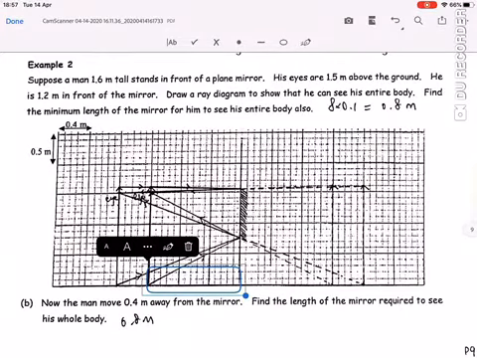And in here, you want to see how he's going to draw the whole person. Find the minimum length of the mirror again. It's the same as what we have done previously. So in here, we need to do it one step at a time. And in order to do that, you need to draw in the actual person and then the virtual image.